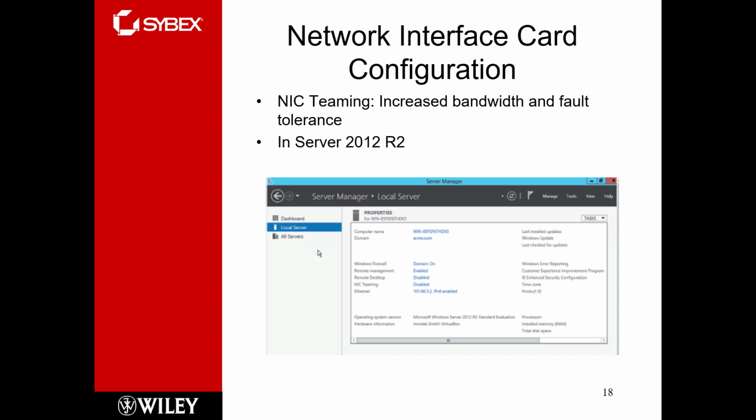If you have one NIC, one adapter, one cable plugged in, and that adapter fails, access to that server goes away. Well, if we have two NICs working together with two cables, teamed together, they're going to share one IP address, but if one fails, the other one still functions, so that availability is still there.